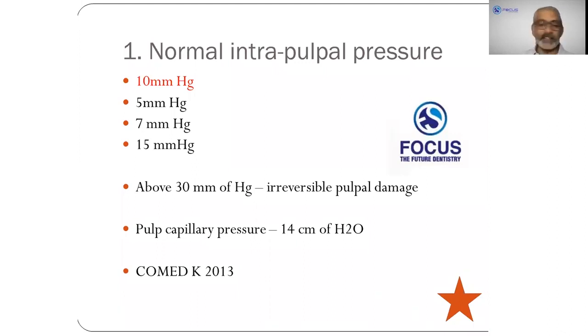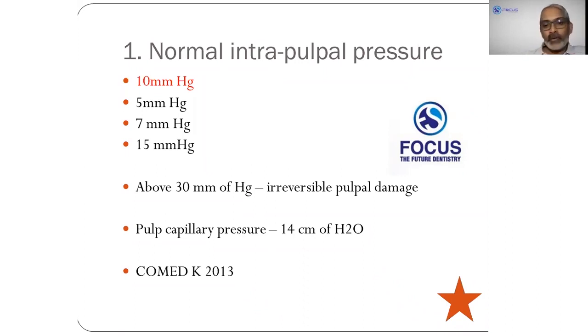You are going to write the exams probably 20 years later, but still certain tips like this will not change. You might have better digital mechanisms of doing this, but I will still share my small tips with you. Anyway, so the normal intrapulpal pressure is 10 millimeters of mercury.